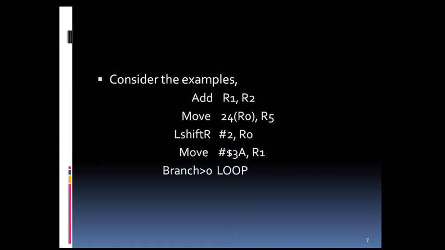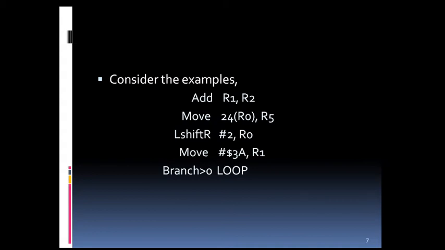These have to indicate the immediate values 2 as well as $3a, that is the hexadecimal notation 3a, respectively, in addition to the 18 bits used to specify the opcode, the addressing modes and the register. So all these are included in the remaining 18 bits. So this limits the size of the immediate operand to what is expressible in 14 bits.